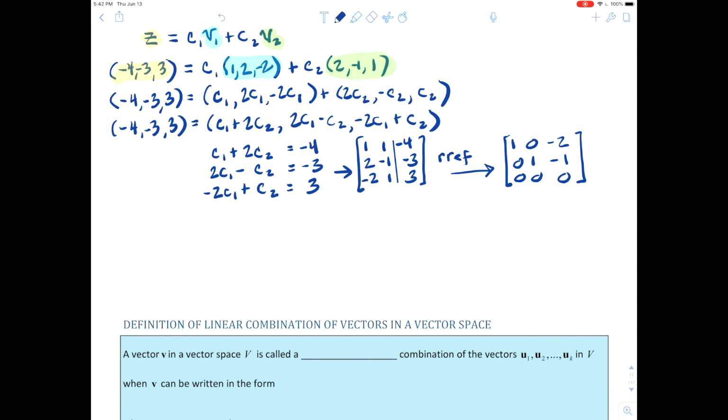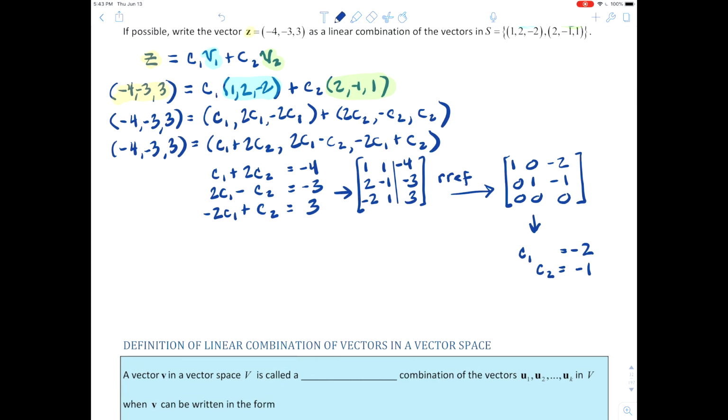Well, let's put it back into terms of a system. Remember we're finding the coefficients, so C1 is equal to -2, and C2 is equal to -1.